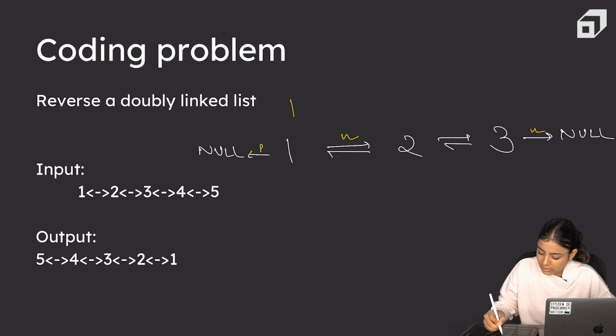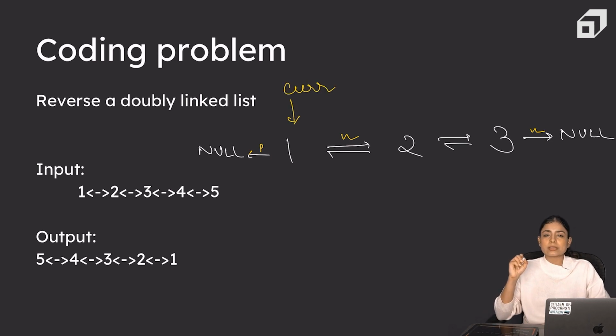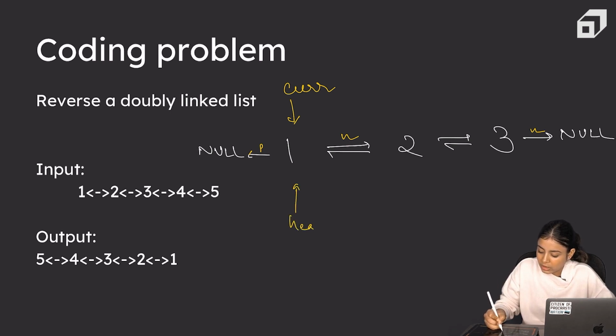So let's start with the approach that we saw in the singly linked list. In a singly linked list we were taking 3 pointers to keep track. Here let's see if we do in fact require 3 pointers, or whether we would be able to solve this using fewer pointers. First of all, with my first node, which is my head node, I'll keep a pointer current.